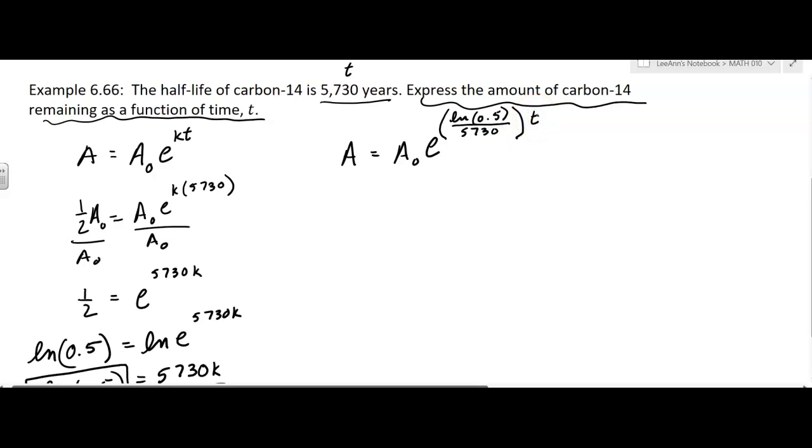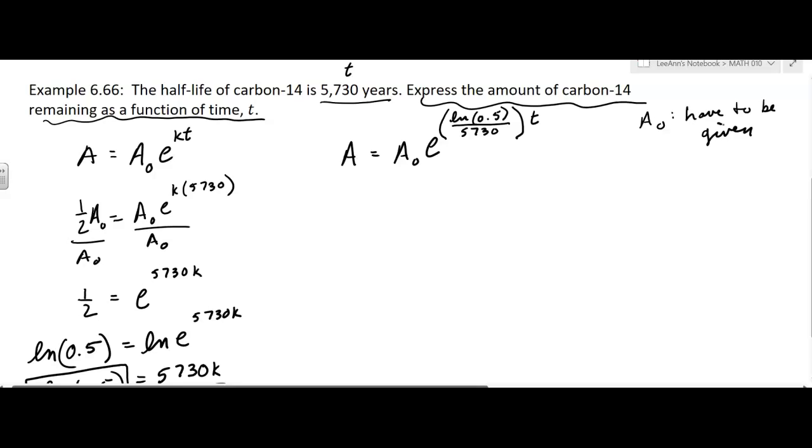Okay, so it's a little bulky, but that's what the formula looks like. Okay, so now if you tell me how much material you're starting with and how much time's gone by, I can tell you how much is left after that amount of time. Okay, so that is the function. A naught has to be given.